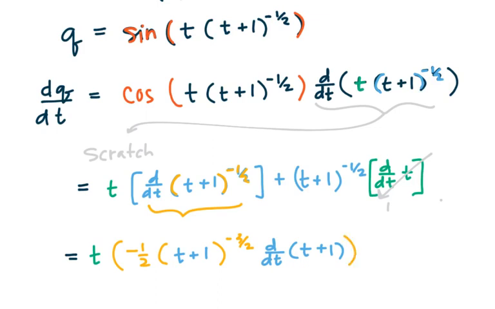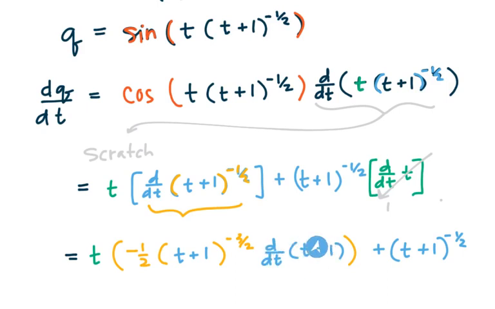And we are left with, pulling this down, plus t times (t+1)^(-1/2). Again, that was times 1, but we don't need to write that there. So for this last piece, the derivative of t is 1, and the derivative of 1 is 0.